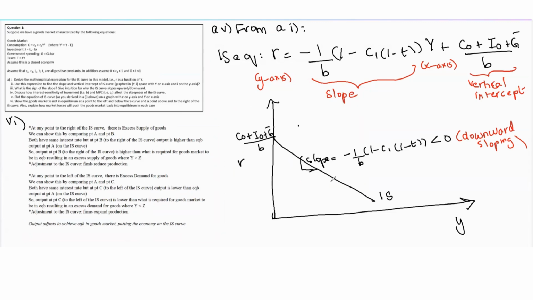Let's take point A to be a point on the IS curve, which represents goods market equilibrium. And let's take point B, which has the same interest rate as point A, but is towards the right of the IS curve.